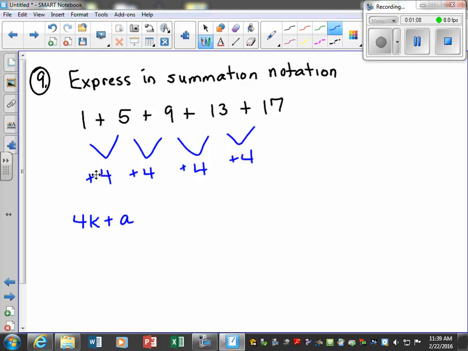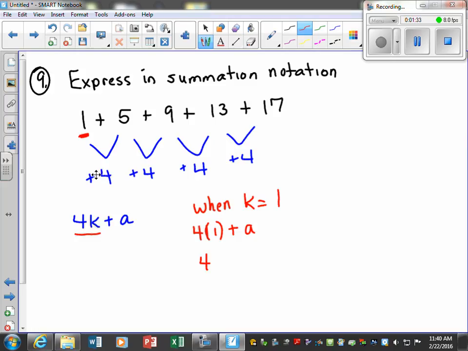So let's do when our first term is equal to 1. So we'll say when k is equal to 1. If we plug this into our formula, this is going to be 4k, plug in 1, plus a. So we need to know what a is in our formula.